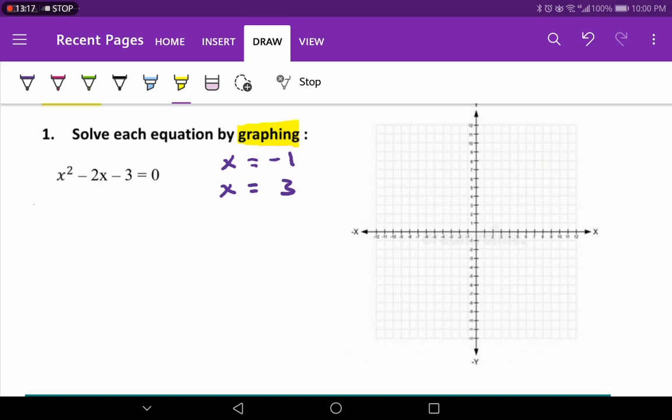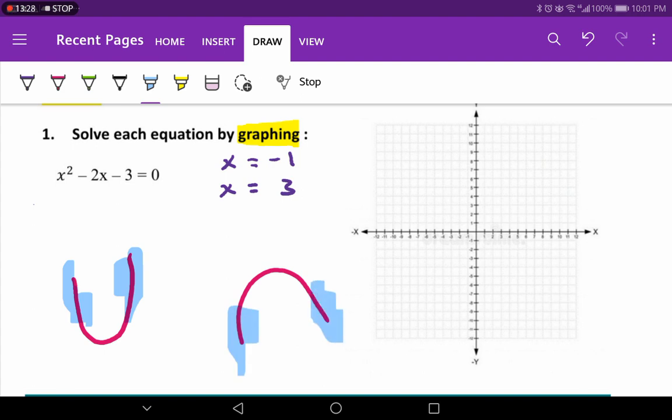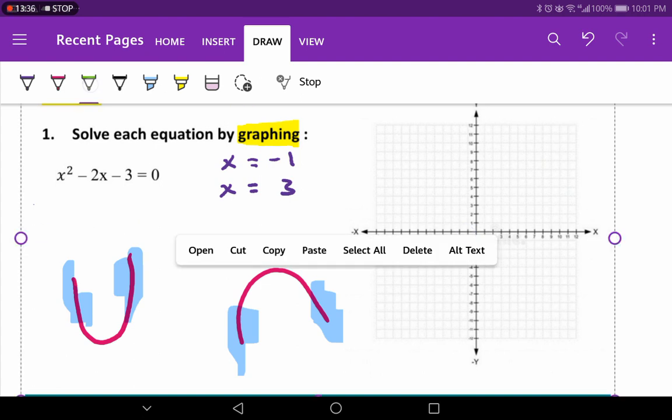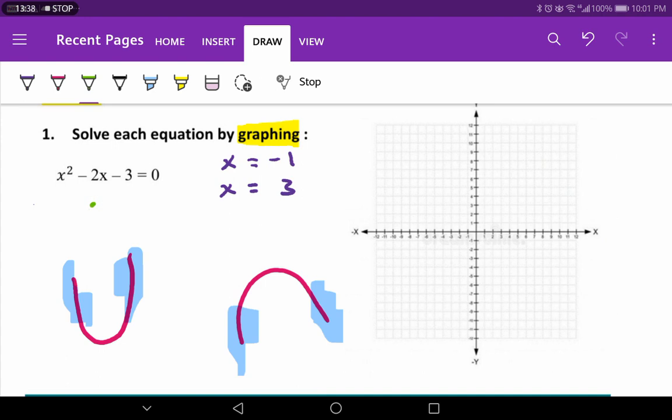What does that mean? I don't understand. That means the graph comes like this or like this. You see the arms of this graph. It will pass through negative 1, sorry, by mistake. So it will pass through negative 1 and 3. You see?